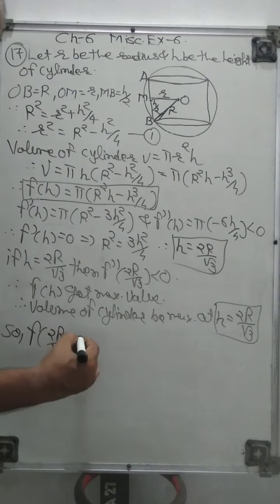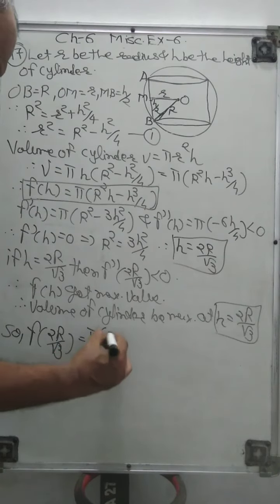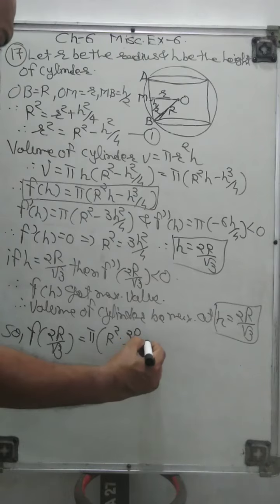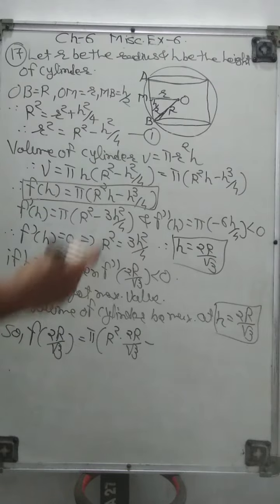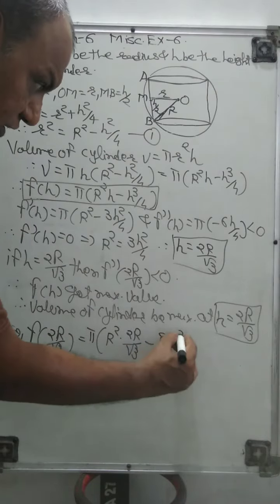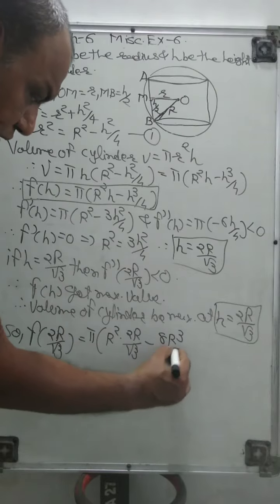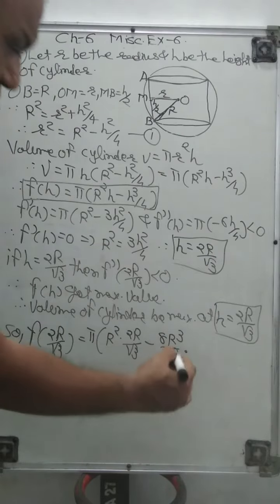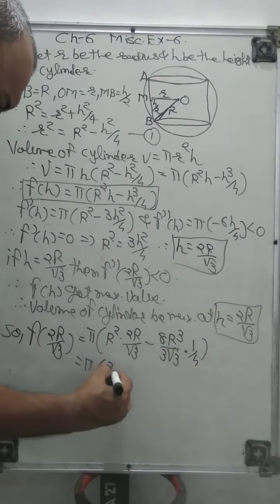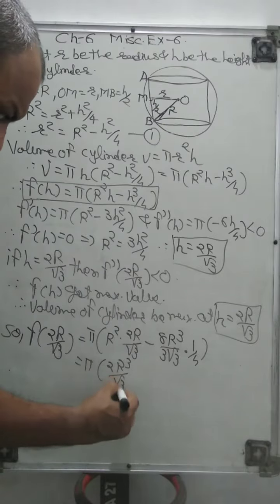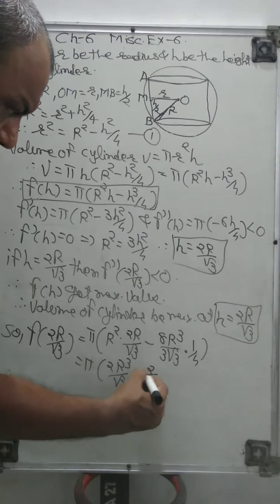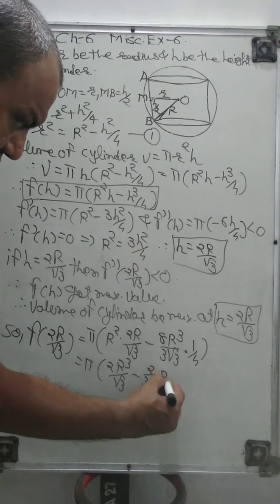So it is pi (R square into 2R upon root 3 minus h cube), means what? The cube is 8R cube upon 3 root 3 into 1 upon 4. So when we simplify, 2R cube by root 3 minus 2 upon 3 root 3 R cube.